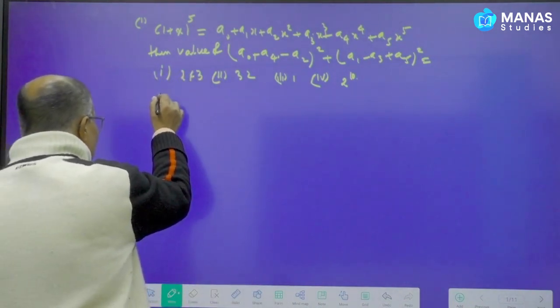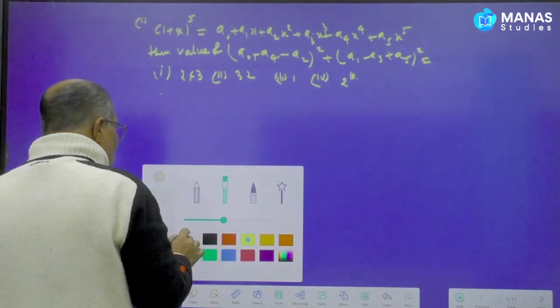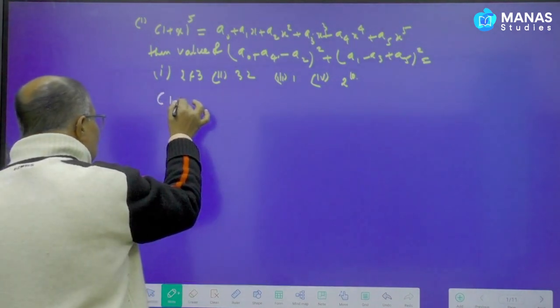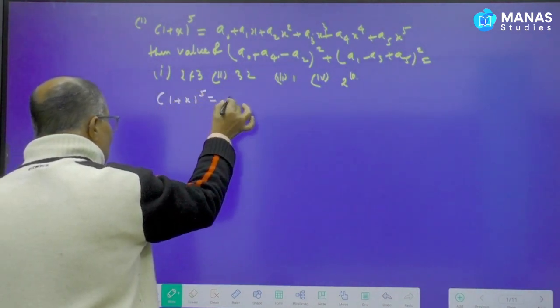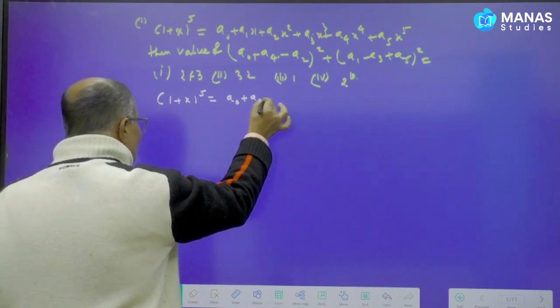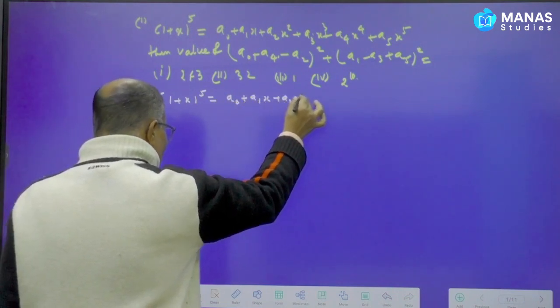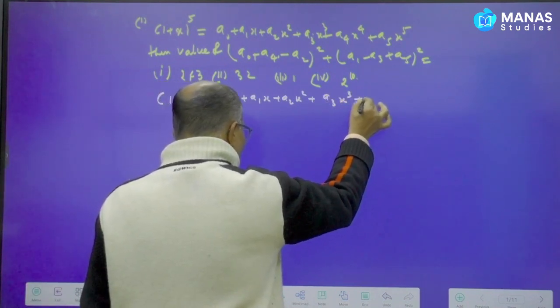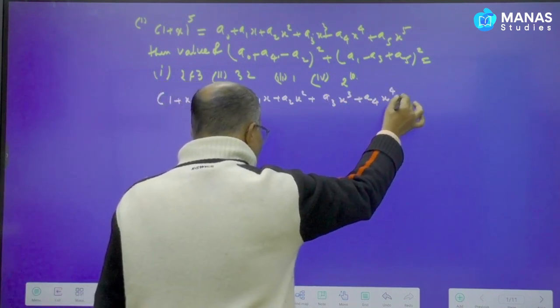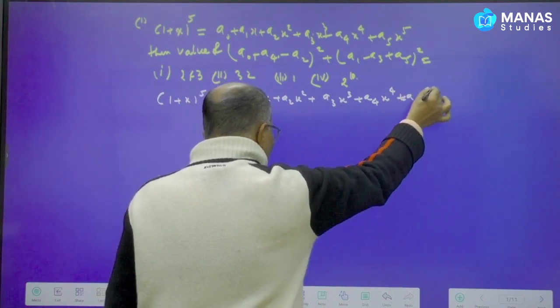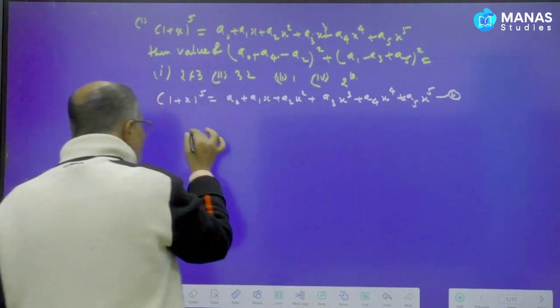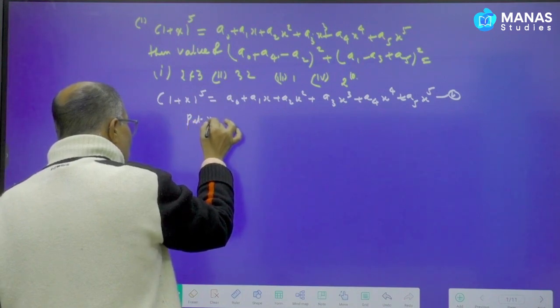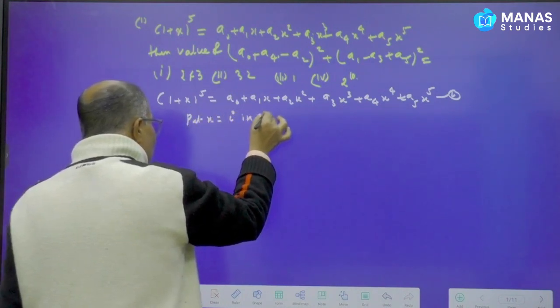Now (1 + x)^5 = a0 + a1x + a2x² + a3x³ + a4x⁴ + a5x⁵. Equation number 1. Put x = i in 1.